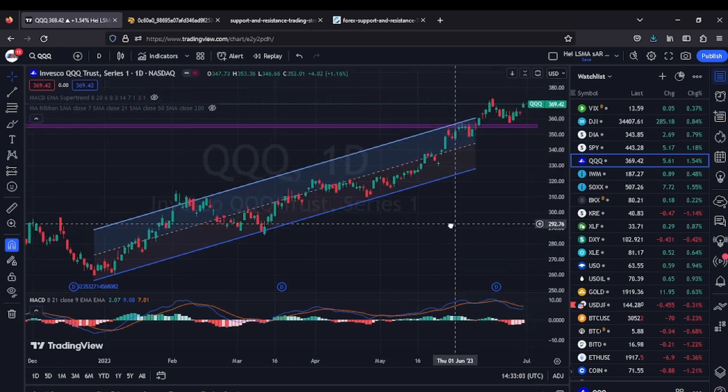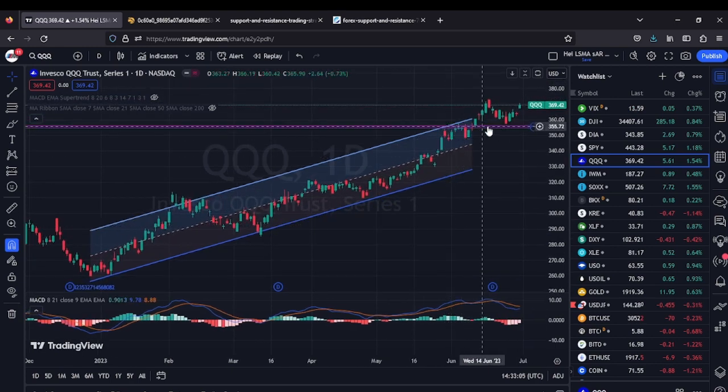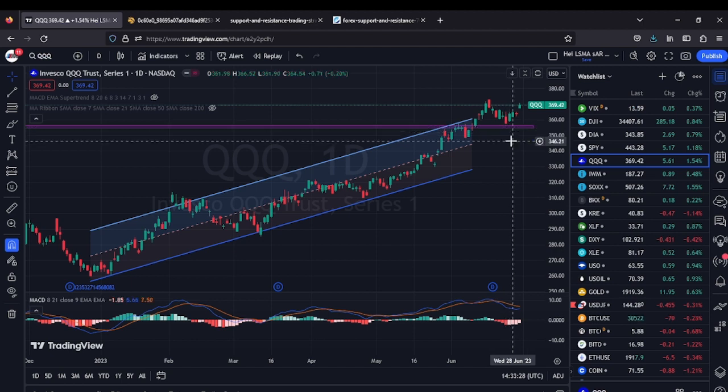The whole point is, when it broke through this purple box area, that resistance area, I am now waiting for a pullback. I was actually looking for a false hammer, a price action candlestick pattern, the hammer, to go long, but it never gave me that.